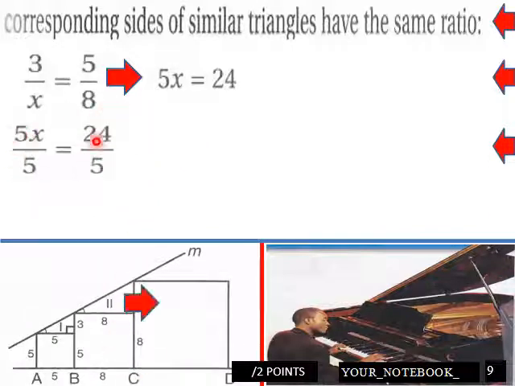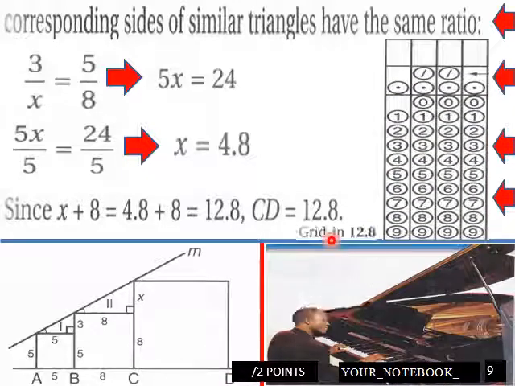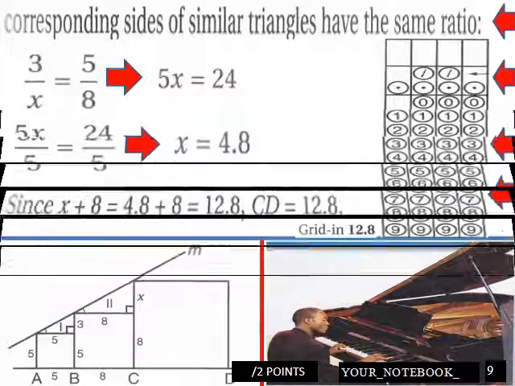X, we divide through by 5, equals 4.8. So since x plus 8 equals 4.8 plus 8, 12.8, CD, which is right here, CD equals 12.8. Grid in this, 1, 2, 2, 8. That would be your grid in there on that one.